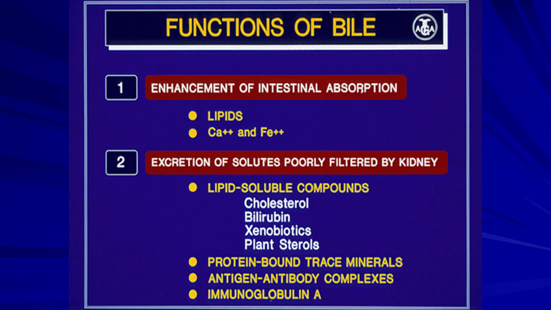Also, you secrete some trace minerals in bile, such as copper, which is extremely important because in patients who are not able to excrete copper in bile, and those are patients with Wilson's disease, al-marad al-nuhasi, copper accumulates in the liver and ultimately in the whole body, leading to severe liver damage, central nervous system damage, and death if it is not treated.